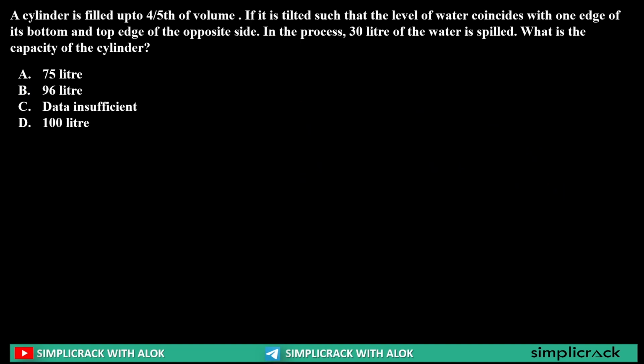A cylinder is filled up to 4 by 5th of the volume. See, you need to understand this question very well. This is a very good question in terms of the whole pipes and cistern thing.